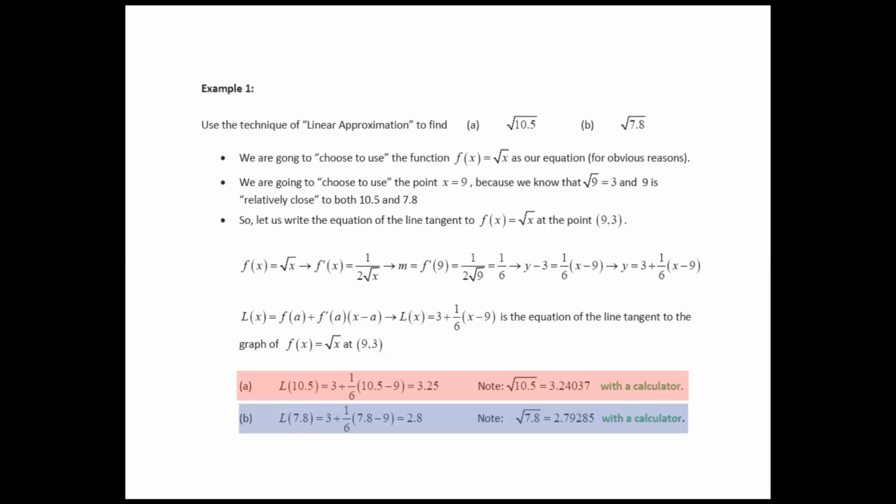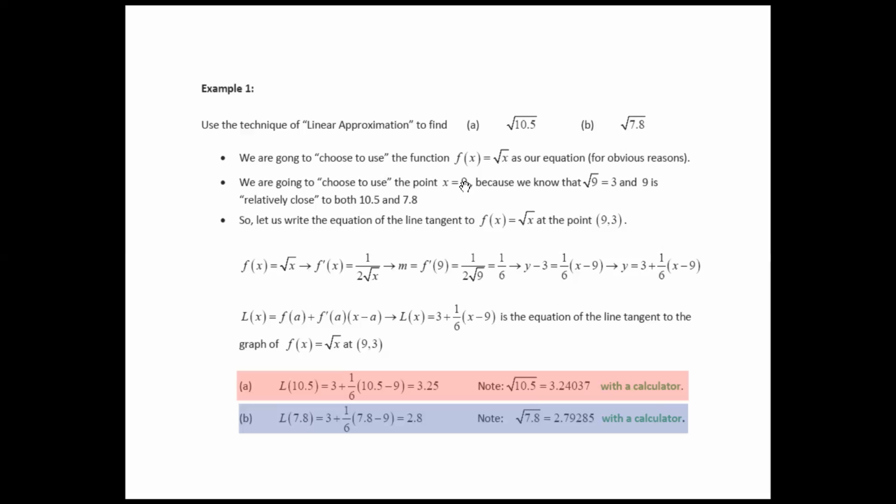Now, we don't know the square root of 10.5. Do we know the square root of a number that's close to 10.5? The answer is yes, 9. We know the square root of 9 is 3. So let's take that fact. Let's take the function f of x equals the square root of x, and x equals 9, and let's write the equation of the tangent line.